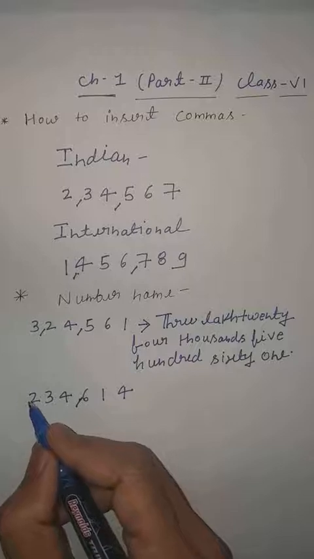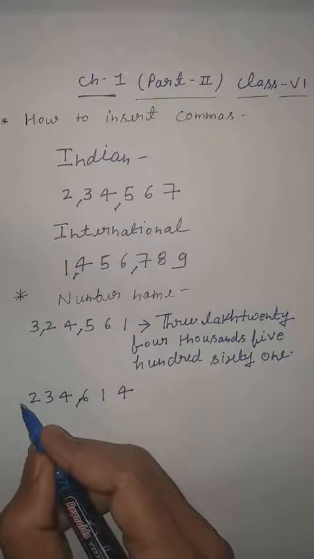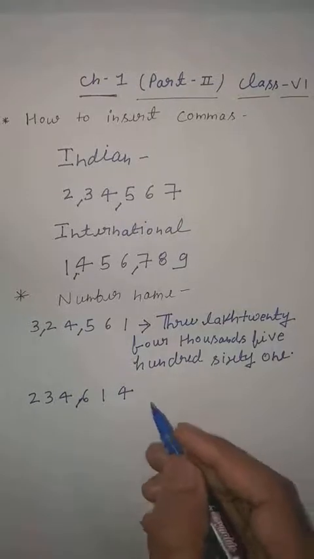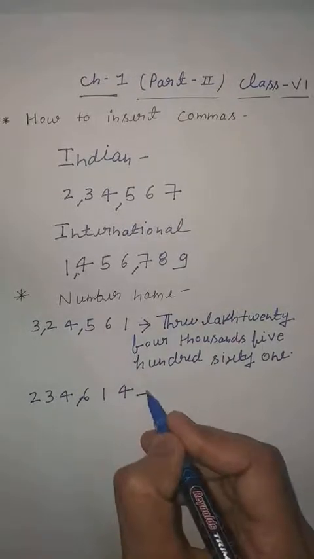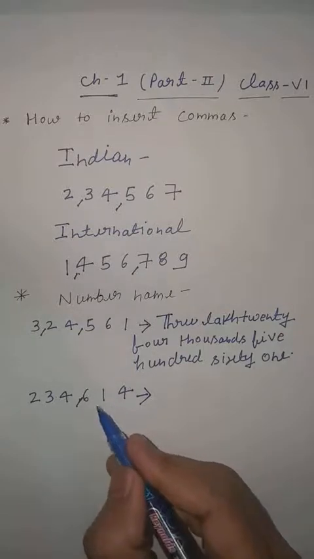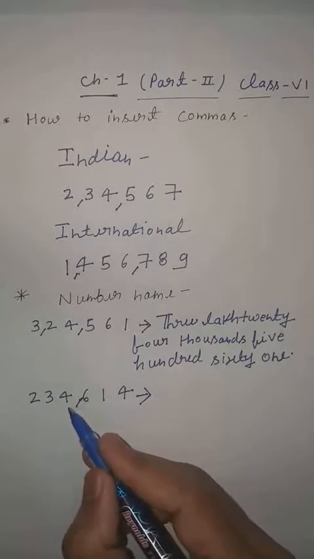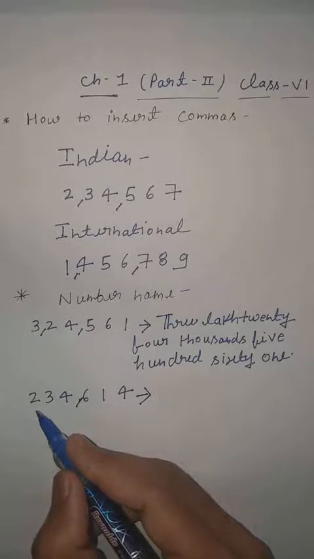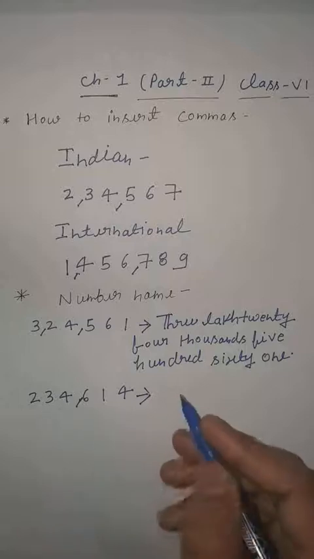Here you can see there is no digit after, so you will not put any comma. So now you will write the name of this number. This is ones, tens, 100, 1000, 10,000, 100,000. Okay. So now what will you write down?